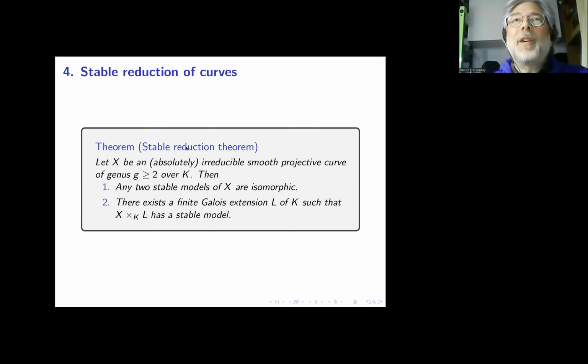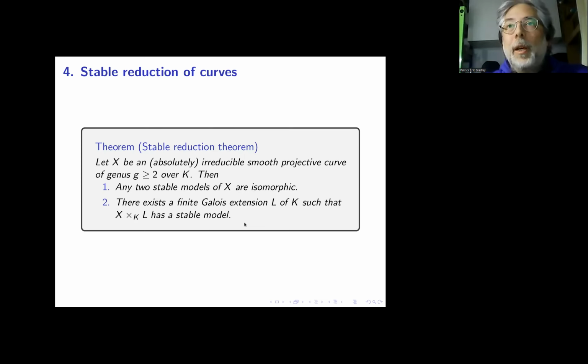And the stable reduction theorem says that such a model always exists if you extend the field large enough by a finite Galois extension. So any 2 stable models of such an irreducible smooth projective curve are isomorphic, and there exists a finite Galois extension L of K such that tensoring with L has a stable model.